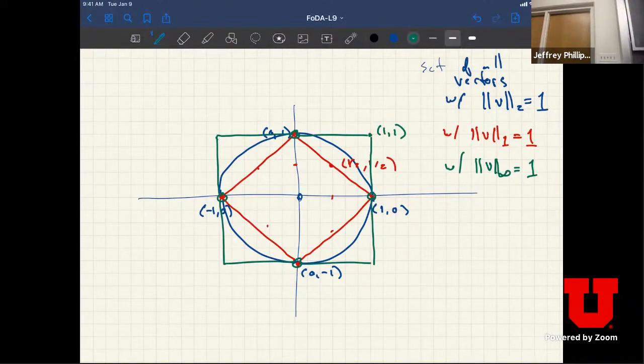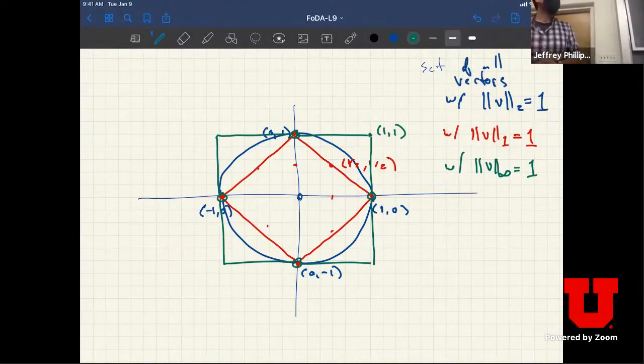So these are notions of these circles, but they're different notions of distance, right? These are all things at a distance of 1 from the origin here. If you want to think about some cool stuff, think about what these look like in even higher dimensions. We won't need to use that in this course.